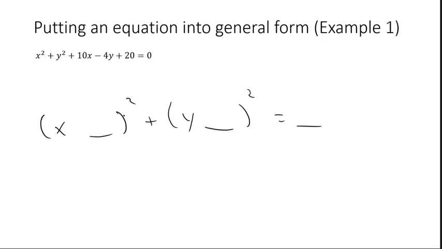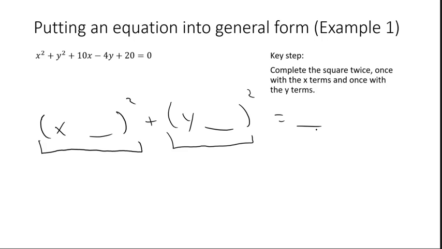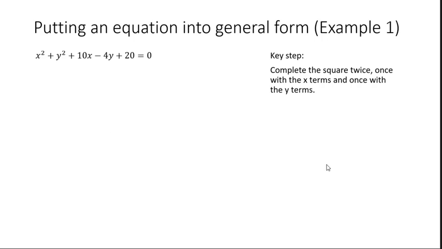To make that happen, we have to force it into a perfect square. So we do it twice. We want perfect squares for x and for y. So our big picture is we're going to need to complete the square twice, once with the x terms and once with the y terms. So that is our big picture idea for these types of problems.